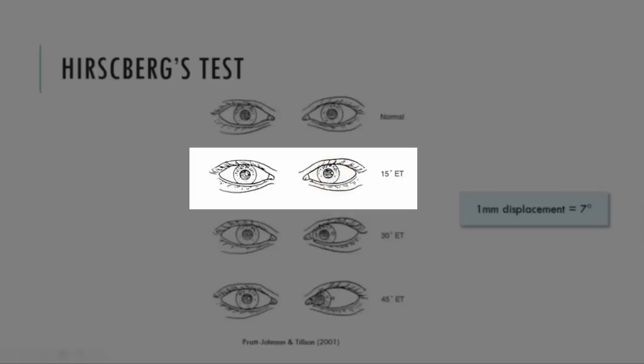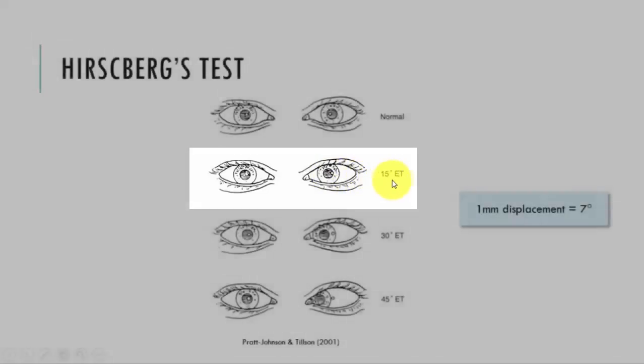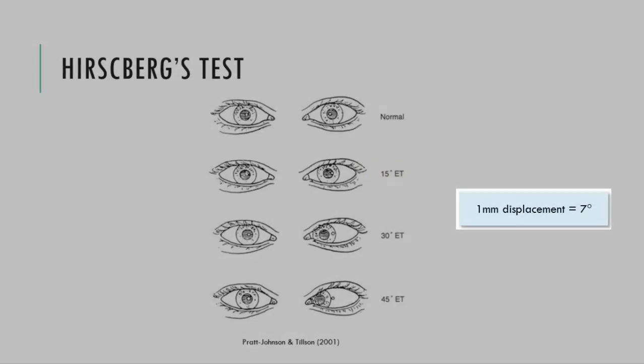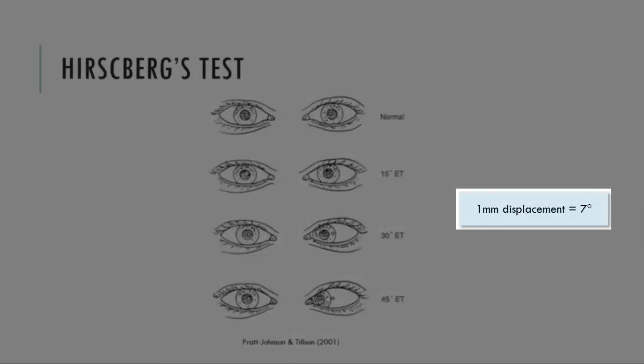And the actual position of that corneal reflection gives us an estimation of the eye turn. When that corneal reflection is sitting on the margin of the pupil, it's considered to be a 15-degree eye turn. And indeed, every 1 millimetre of displacement equates to a 7-degree eye turn.